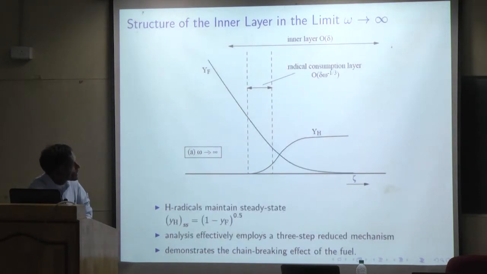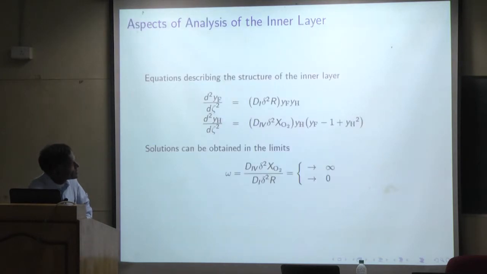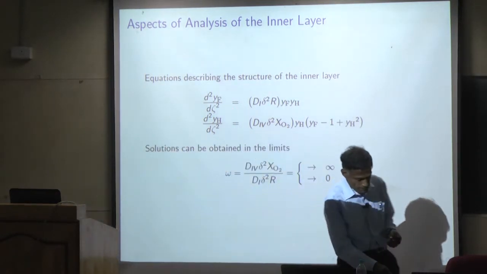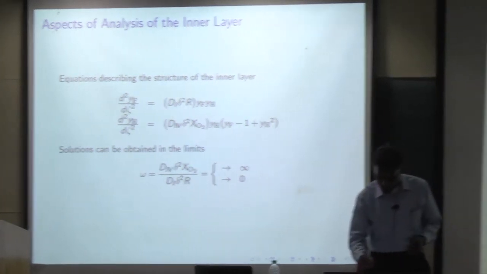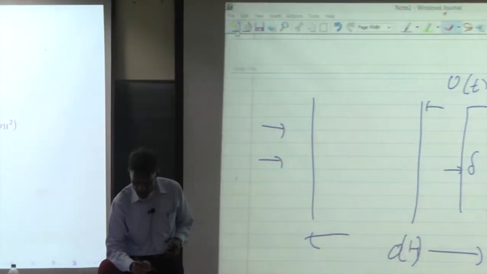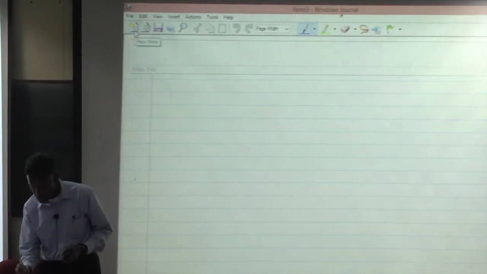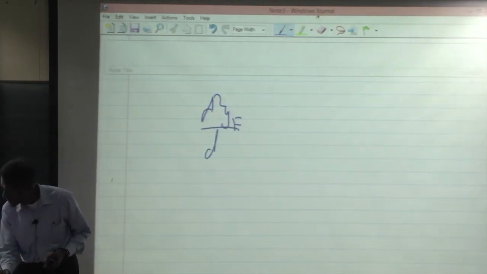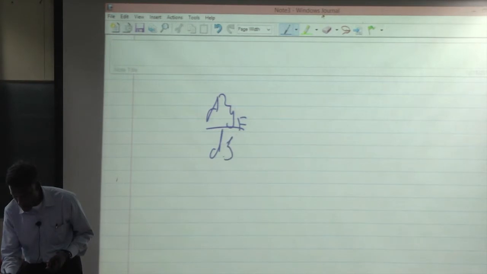Let me illustrate how easy this is. Let's take this limit, and let's say Y_F. I said Y_H is 1 minus Y_F, so you can substitute it in that equation. Now, if you do that, you can see that it's d squared Y_F over d zeta squared.